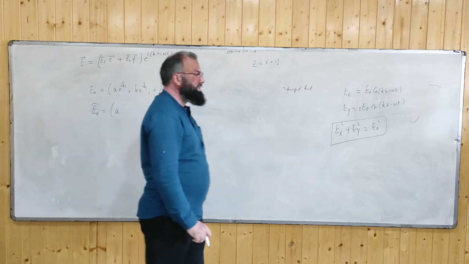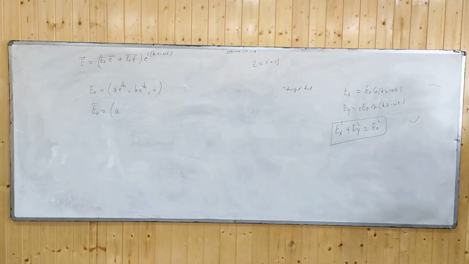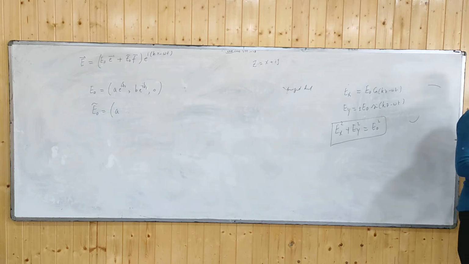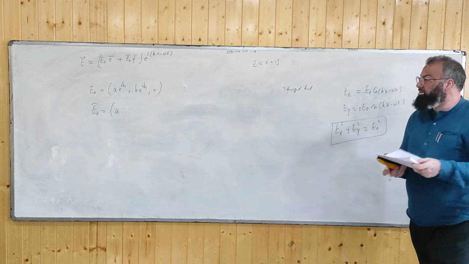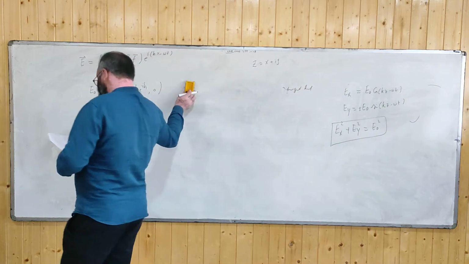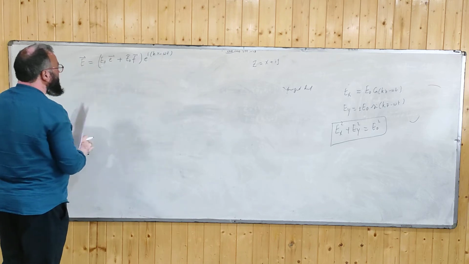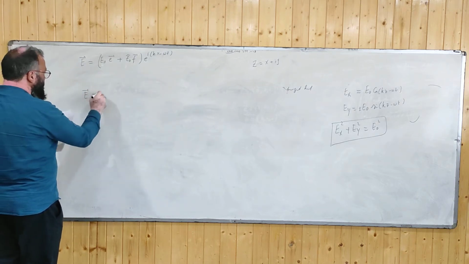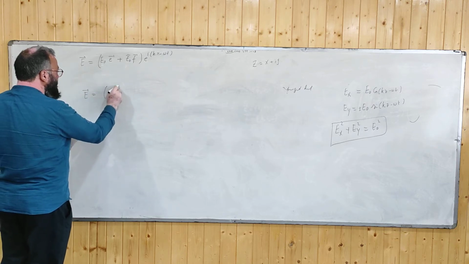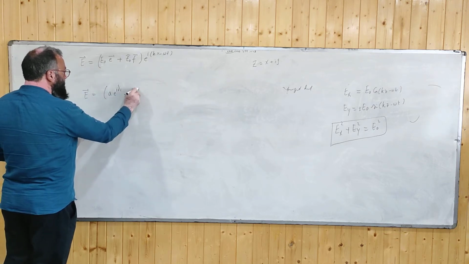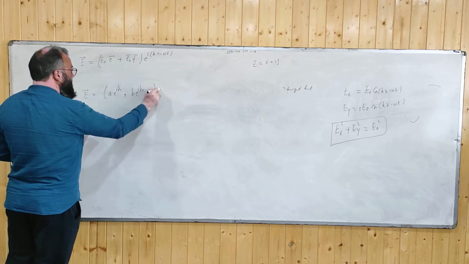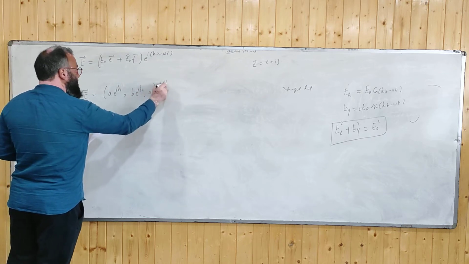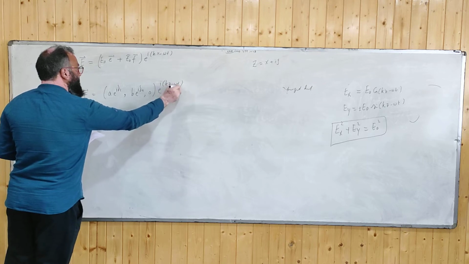Let me check what notation I have used. Instead, let me choose E to be in this way: A e raised to i delta 1, B e raised to i delta 2, 0, times e raised to i (kz minus omega t). Since the wave is propagating along the z direction, we can choose it in this fashion.